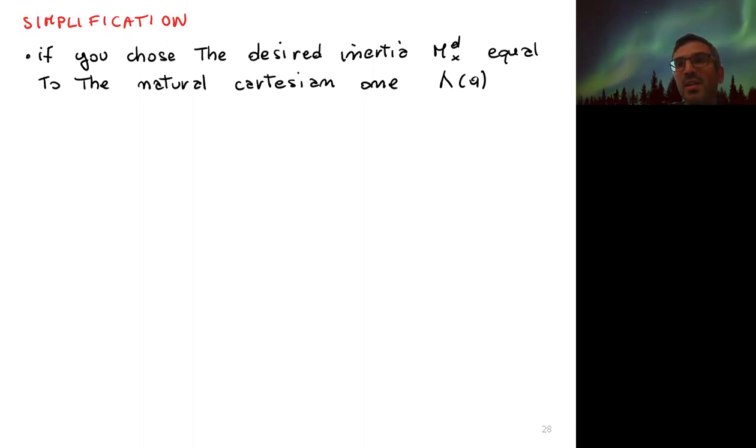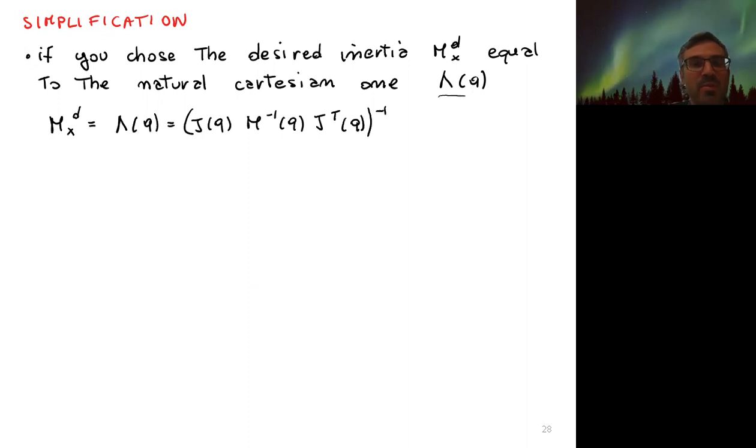While instead, if we get rid of this feature and we say, okay, we don't care, and we choose the desired inertia the same as the real inertia at the end effector, which is lambda. You remember the expression.